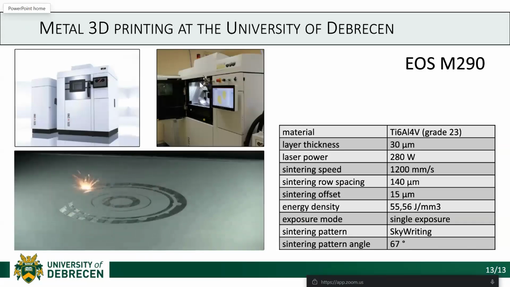Okay, so that was about the challenges, and now I would like to mention our own problems and our own project in this case. So at the University of Debrecen, we have an EOS M290 machine. This is a direct metal laser sintering machine with these parameters here.